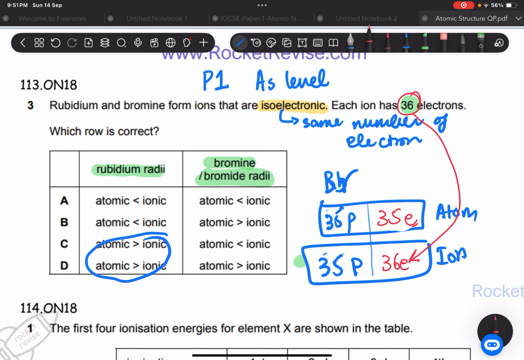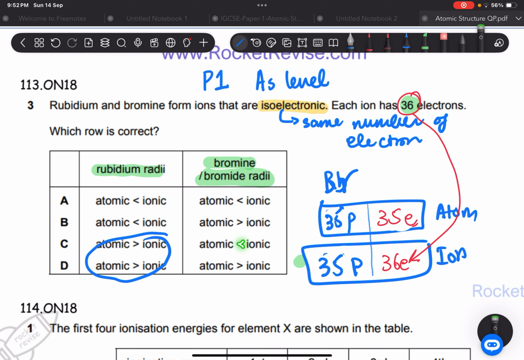Now bromine has one more negative charge, and since it is more negative than positive, the nuclear pull is going to weaken. So a bromide ion is going to have a greater radius than a bromine atom.